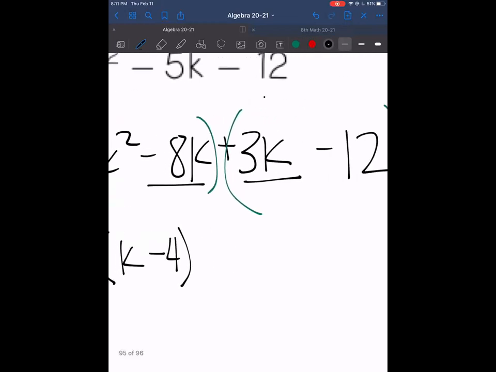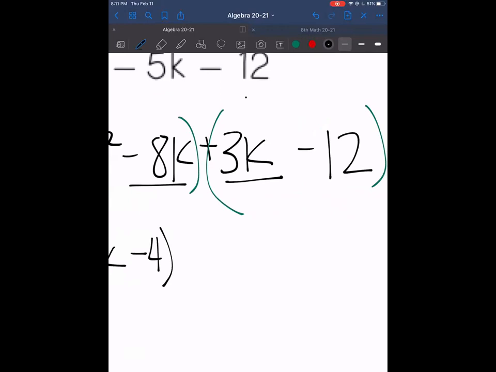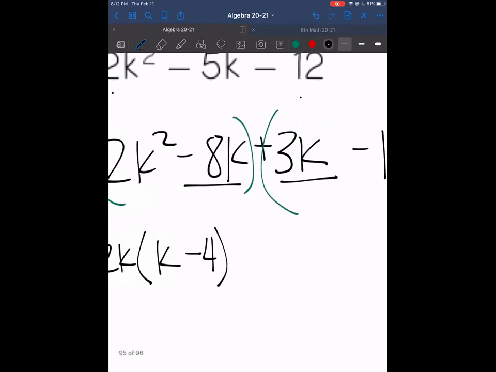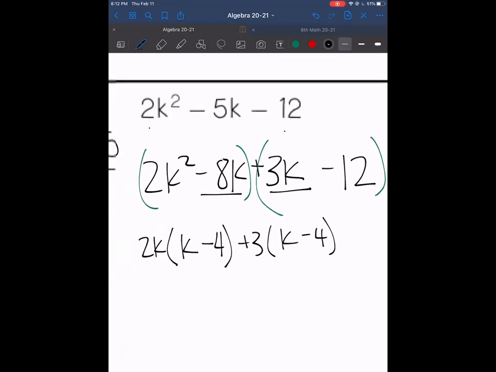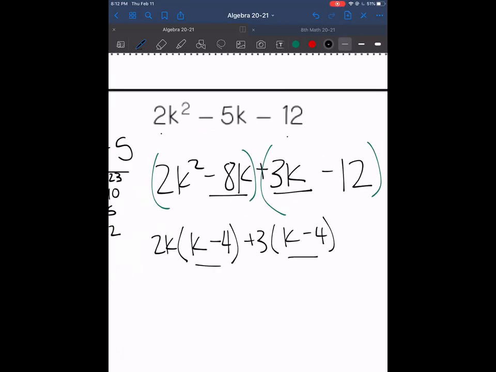And then looking at 3k minus 12, I want to end up with a k minus 4. So that's going to be real simple. I'm just going to divide by 3. So plus 3 is my greatest common factor, k minus 4. Our terms match there, so I can rewrite my factors: 2k plus 3 and k minus 4.